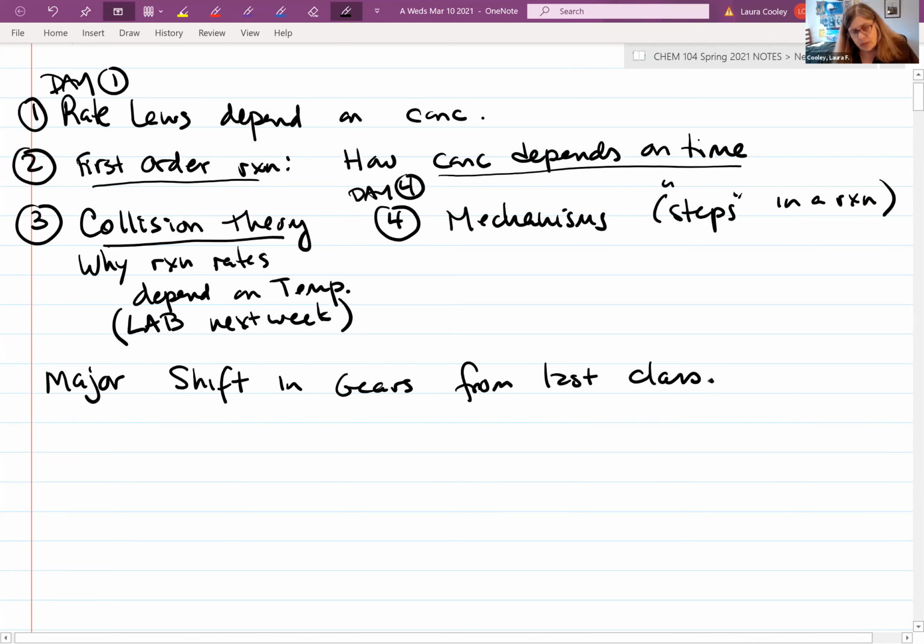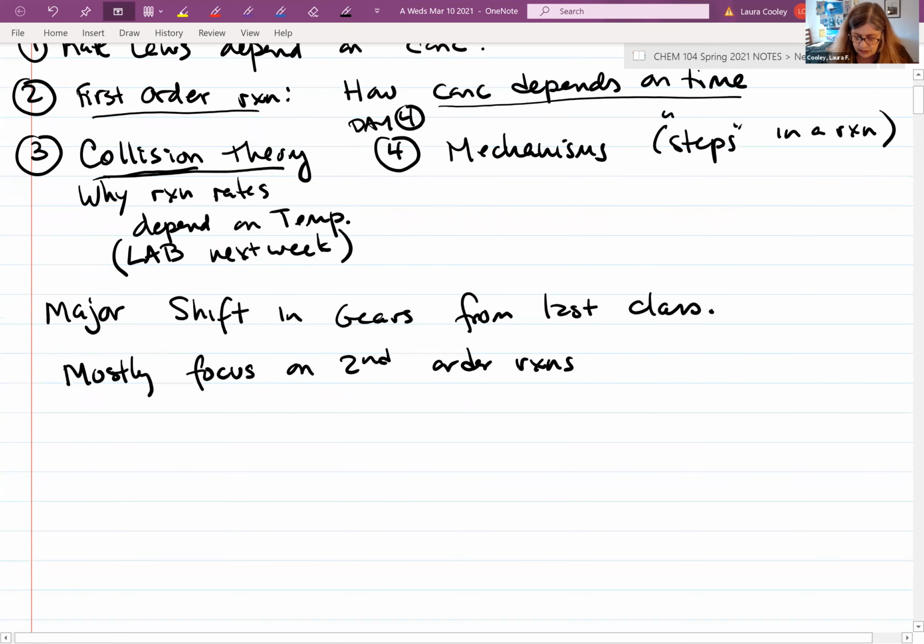Today I'd like to focus on second order reactions. It's called collision theory, so what I'm telling you now has to do with when there's a collision in a reaction. You really can't have a first order reaction that involves a collision. It's basically one thing doing something.